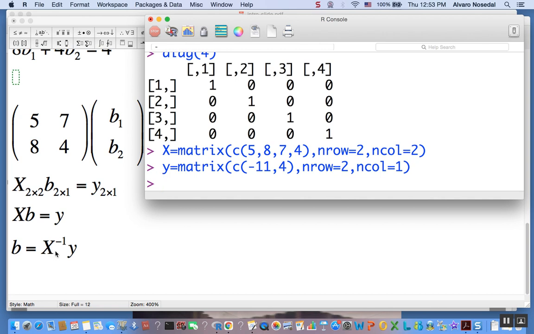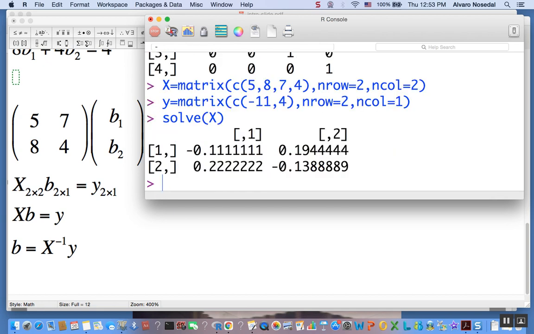If you want just the inverse of X, all you have to do is use this special command, solve(X), and that gives you the inverse of X. Okay? So now what we want is to find this unknown vector b, and that is given by solve(X) times y.